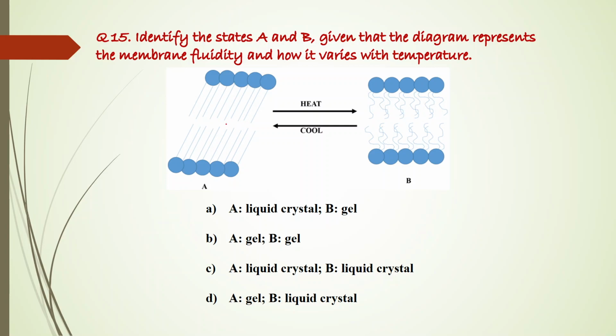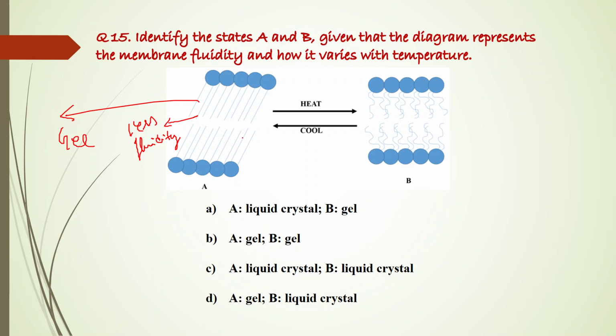That means, as I said, whenever there is very nice ordered arrangement, there will be no fluidity, there will be no passages to go between them because they are tightly packed, very nicely and tightly packed. That's why this state has less fluidity. We just discussed it in some other question. And this kind of state where highly ordered structure is maintained with less fluidity is called the gel state.